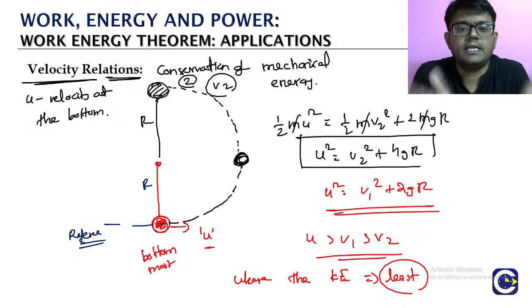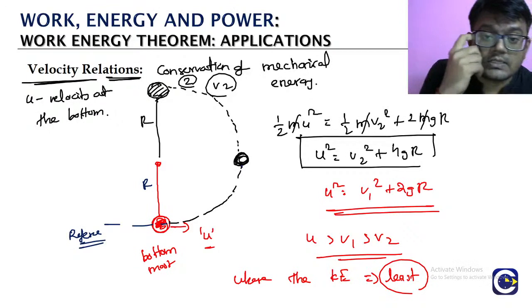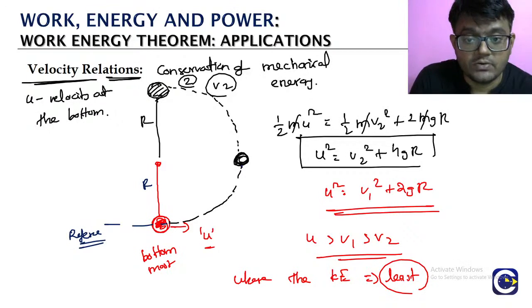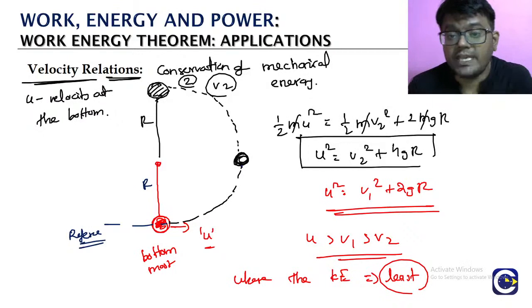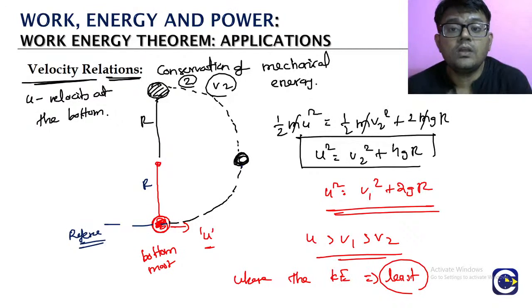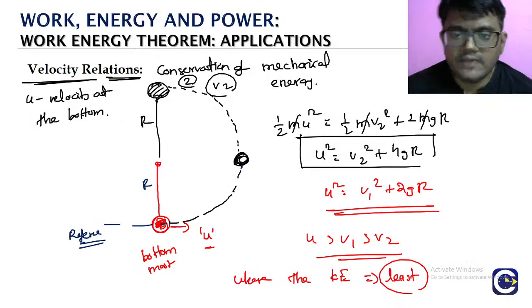So with that, the vertical circular motion will be completed. We'll talk about how the tension varies, the general point, and the conditions for vertical circular motion in the next session. Okay, we'll see you in the next session.